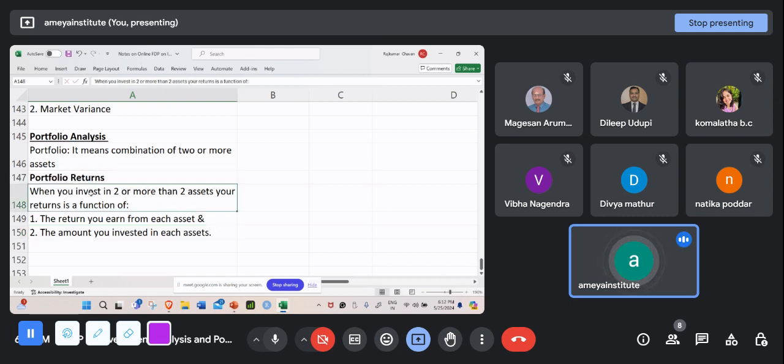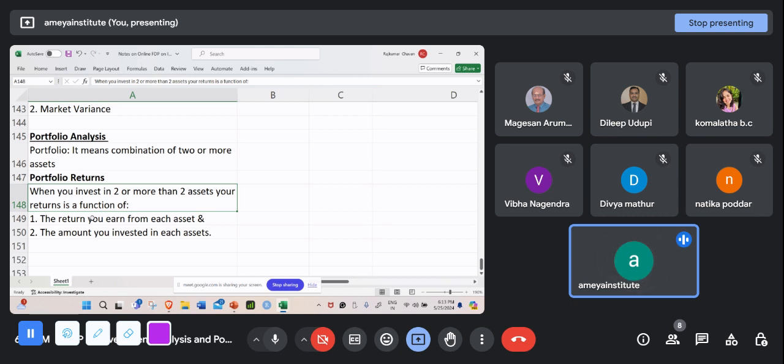So what we are trying to say is that portfolio return is a combination of two or more assets' returns. It is a function of the returns you earn from each asset. Let's say you have asset 1 and asset 2. What is asset 1's return? What is asset 2's return? That is one aspect.